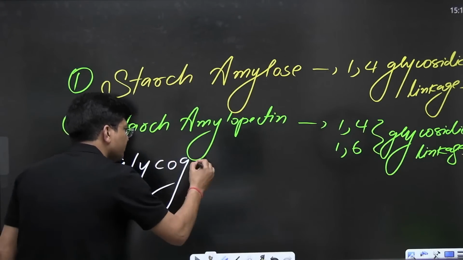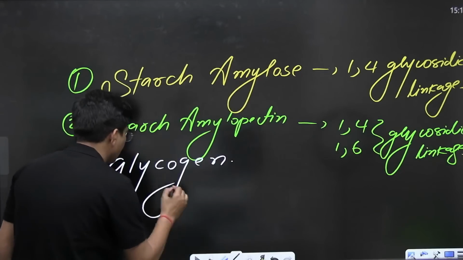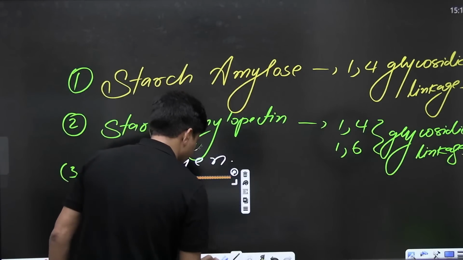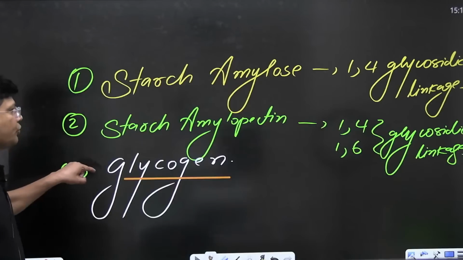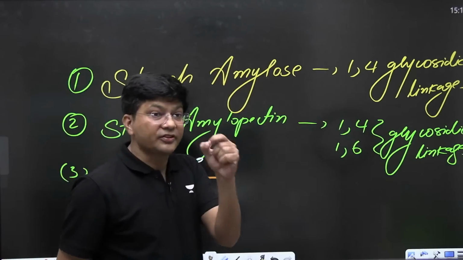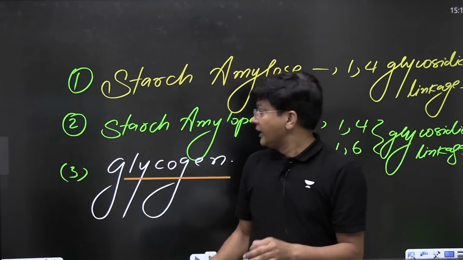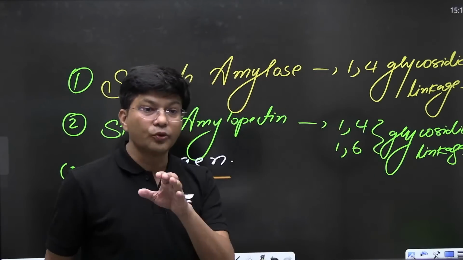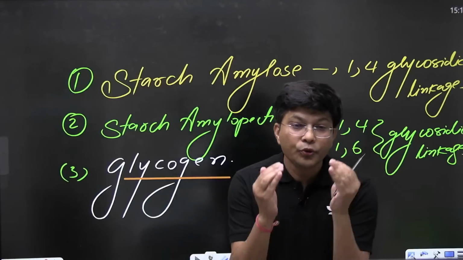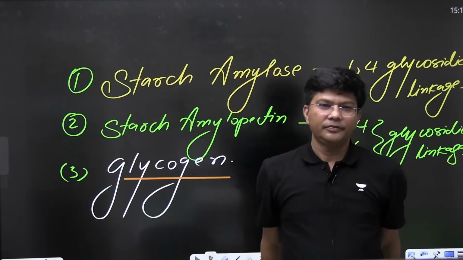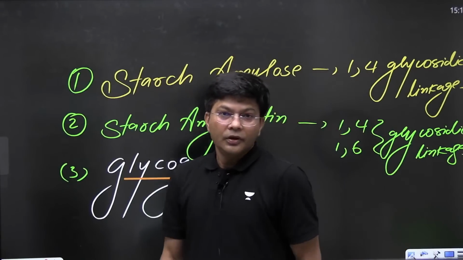Have you heard this name? Anyone, just let me know, glycogen. Starch amylose we know very well, starch amylopectin I have told you. If I talk about glycogen, let me know in the chat section, do you know anything about it?